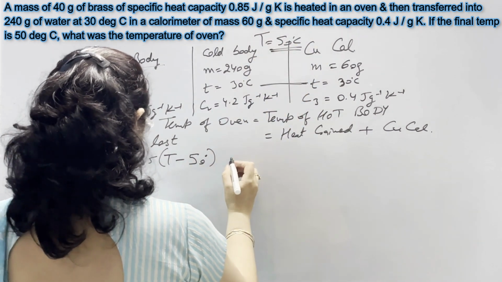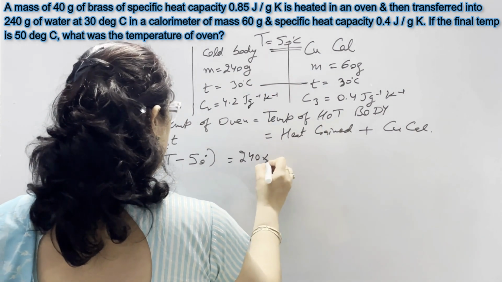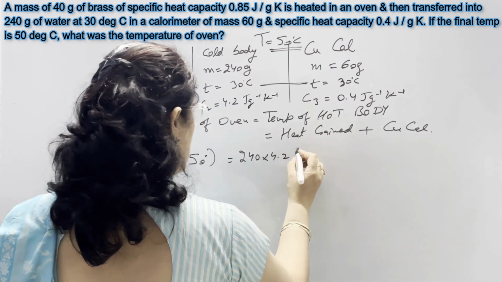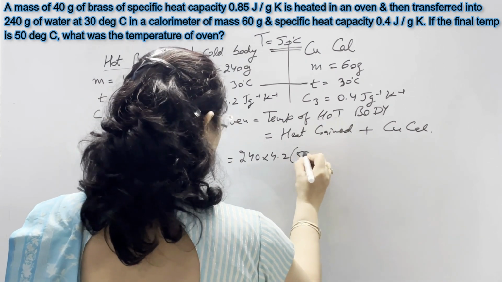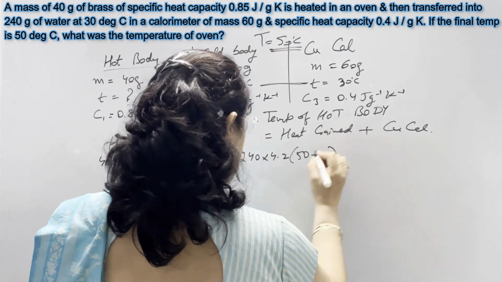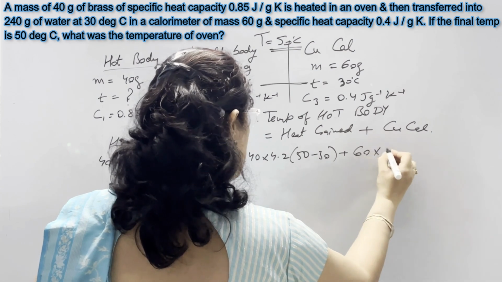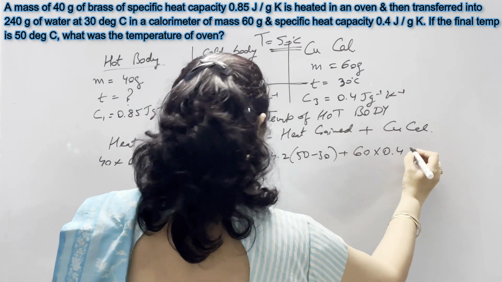For cold body, M is 240, C is 4.2, and temperature is final minus initial, that is 50 minus 30. And the same temperature change applies to the calorimeter, but mass of calorimeter is 60 and specific heat capacity is 0.4.